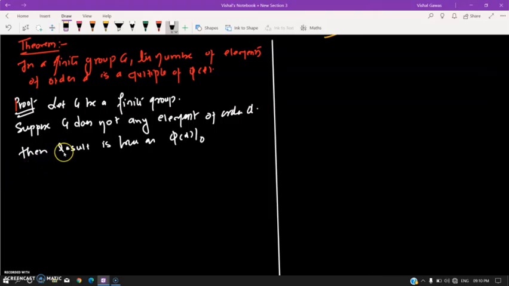In this case, this is true. I hope this is clear. Phi of D would divide 0.